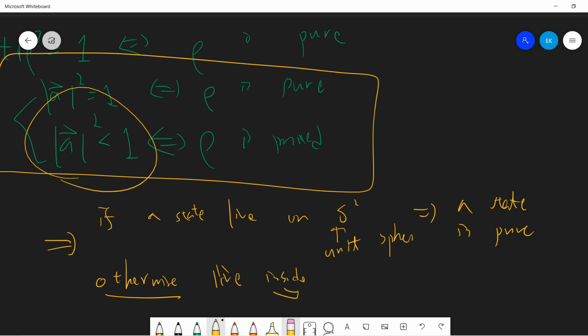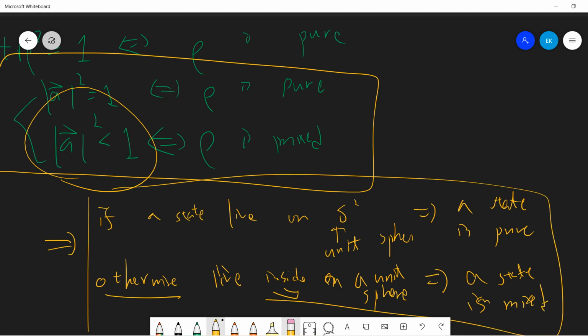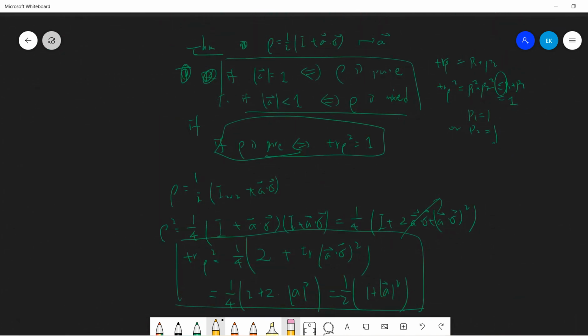The magnitude of the vector is less than 1, so the states live inside the unit sphere, and the state is mixed. Sorry about that, I always say the converse results. So probably this is the most important theorem for the Bloch sphere. I should say probably the only theorem.